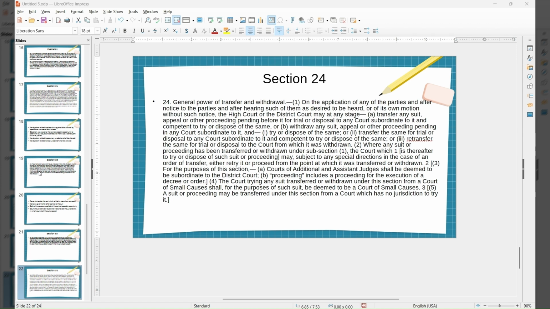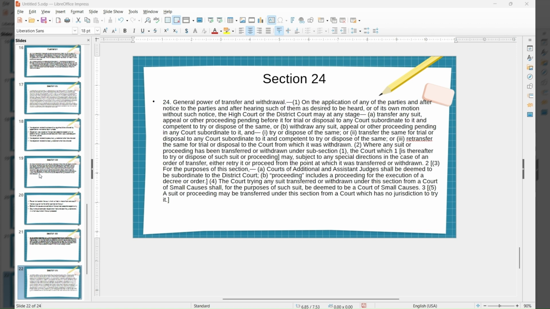And we move on to subsection 5. This is about a transfer being allowed even if the original court lacks jurisdiction. A very important point is mentioned in subsection 5. A case can be transferred under section 24 even from a court that did not have jurisdiction to try it in the first place.